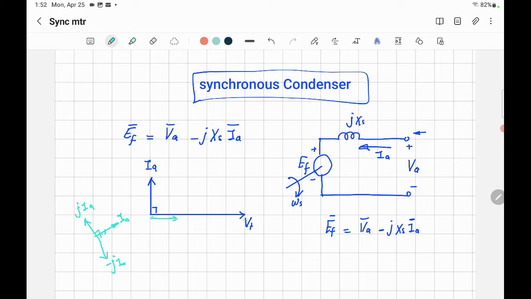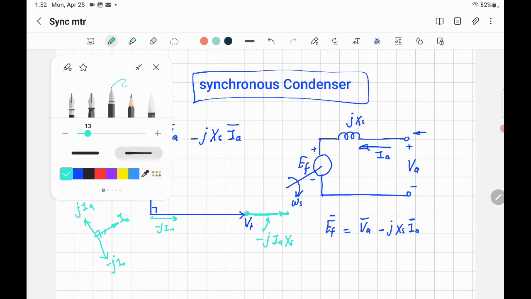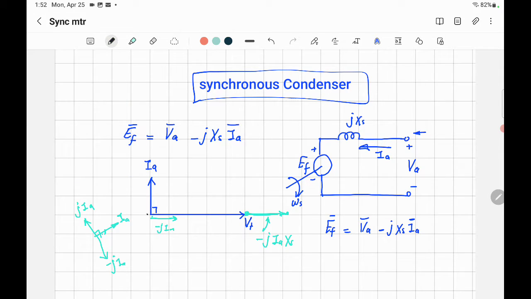You complete the phasor diagram by saying VA minus, so you finish at VA and then make it parallel to this one. This is minus jIA, and then you multiply it by XS. So this vector from here to here is equivalent to minus jIAXS, and you reach the point here. If you connect from the origin O up to the point here, that will be equivalent to EF.